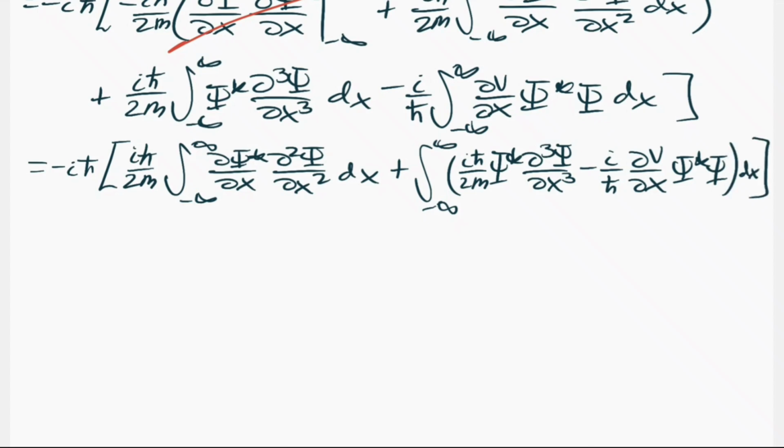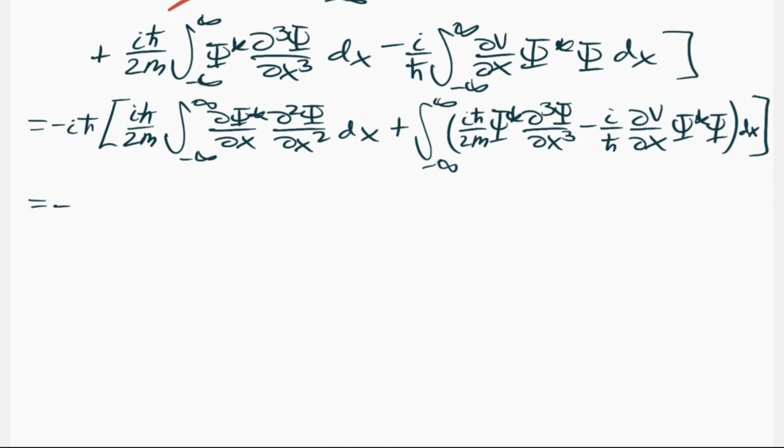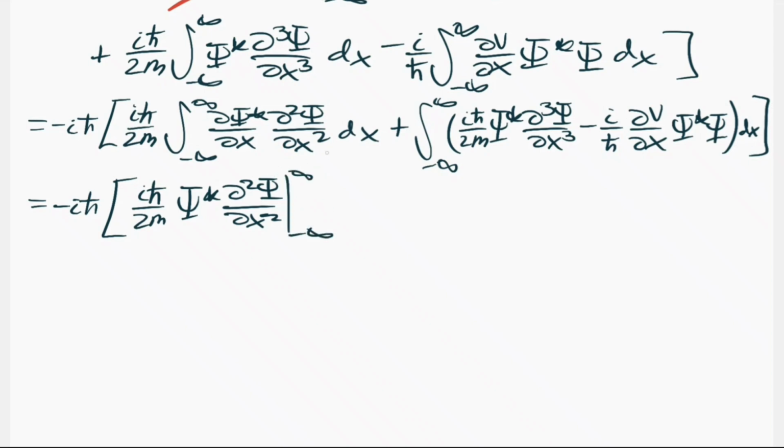Okay. So as we do integration by parts, this is going to be like our dv part, that's going to be like our u part right there. So as we do that integration by parts, we see that that is equal to negative i h bar, and then we're going to do i h bar over 2m, and then we're going to have psi star d squared psi/dx squared evaluated from negative infinity to infinity, and you can see that that's just going to be 0.